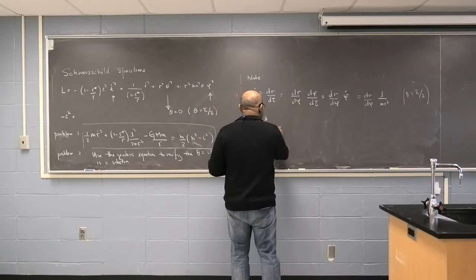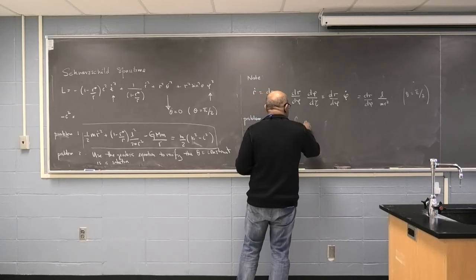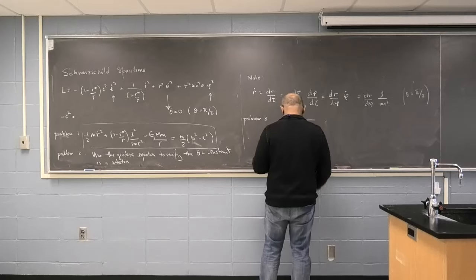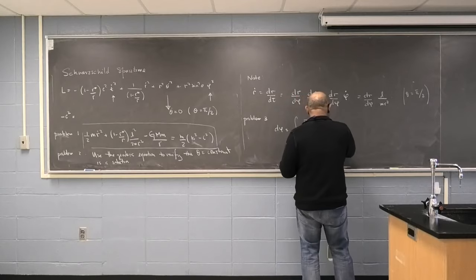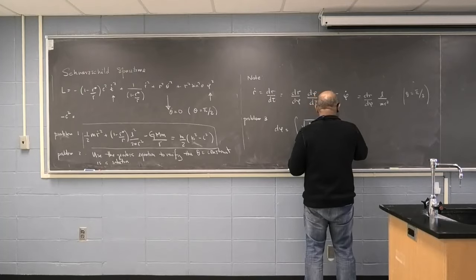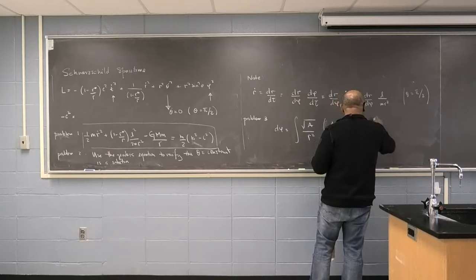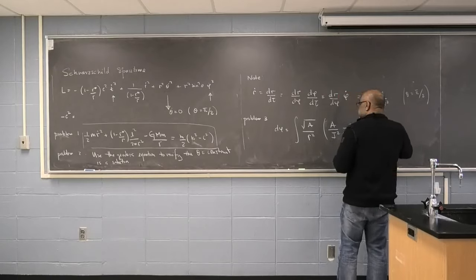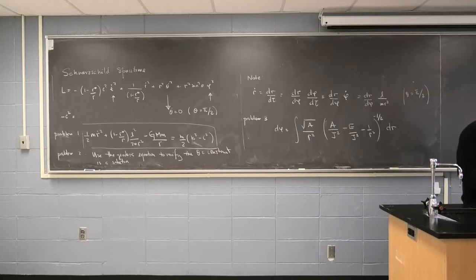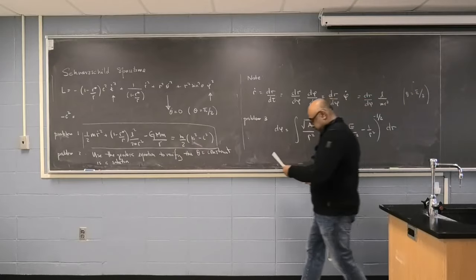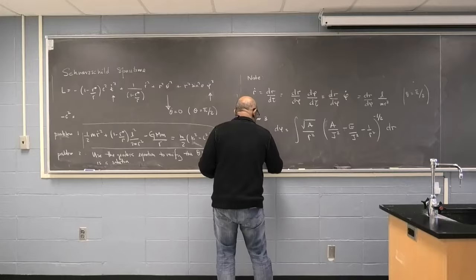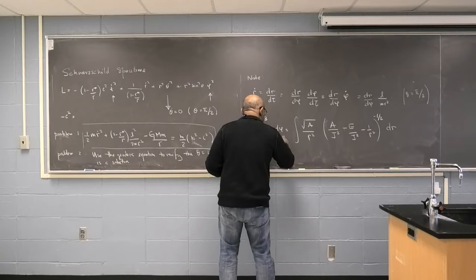You will see that d phi is equal to the integral of square root of a over r squared, a over j squared minus e over j squared minus 1 over r squared, to the minus 1/2, dr. I just have to tell you what these a's and j's are. a is 1 minus r star over r to the minus 1.